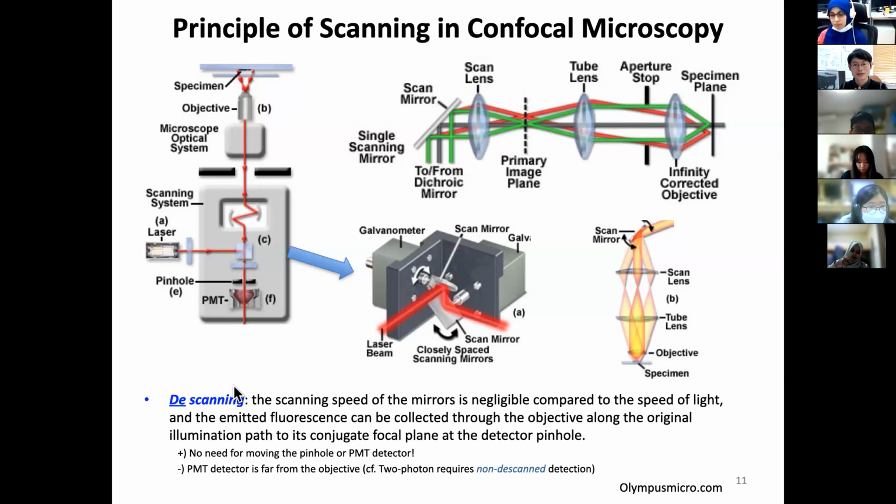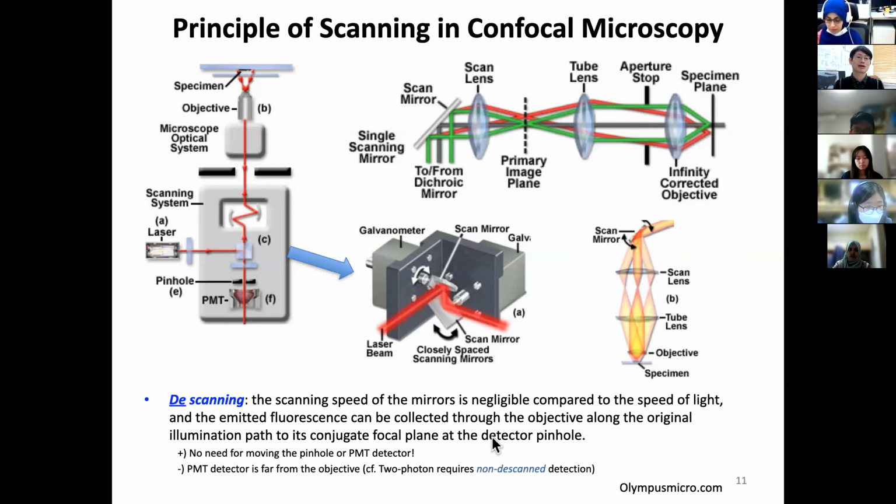And this assumes the scanning speed of the mirror is negligible compared to the speed of light. Okay, and so emitted fluorescence can be collected through the objective along the original illumination path to the conjugate focal plane at the detector pinhole, so the pinhole doesn't have to change. So that's called confocal descanning.